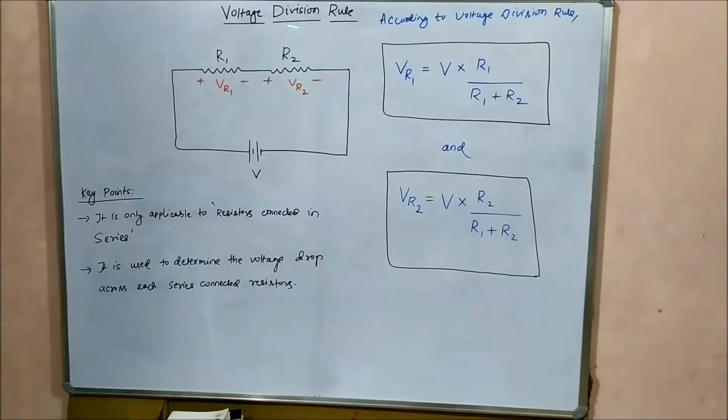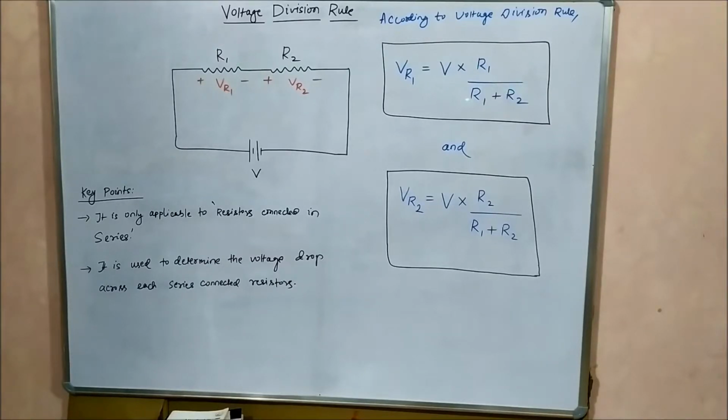Now what the voltage division rule says is that the voltage drop across resistor R1, that is VR1, can be determined by this formula: V into R1 by R1 plus R2, where V is the DC supply voltage, multiplied with the same resistance across which we have to determine the voltage drop, divided by the sum of the two resistors.